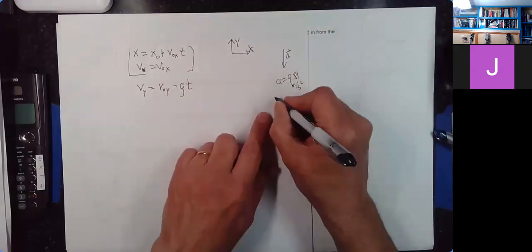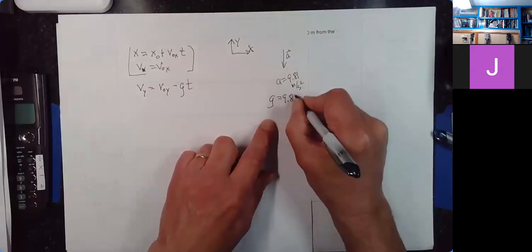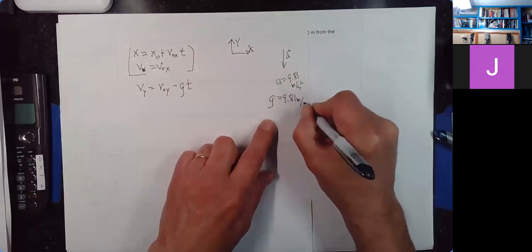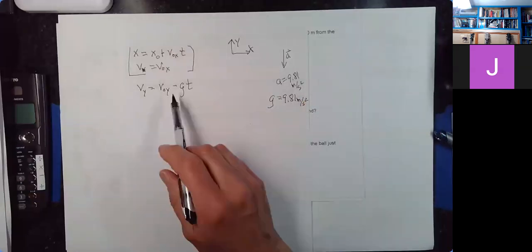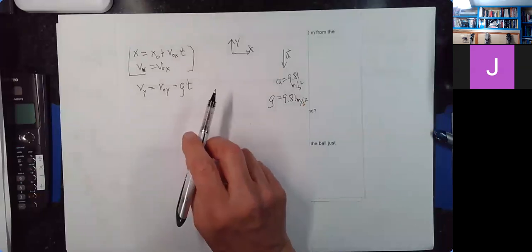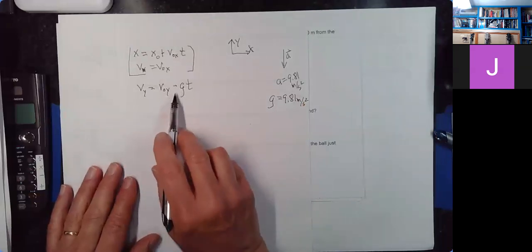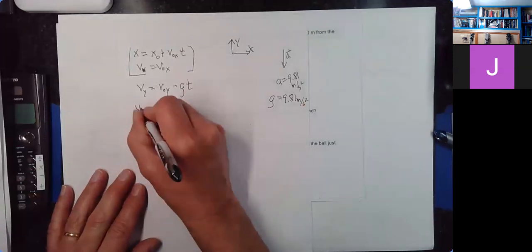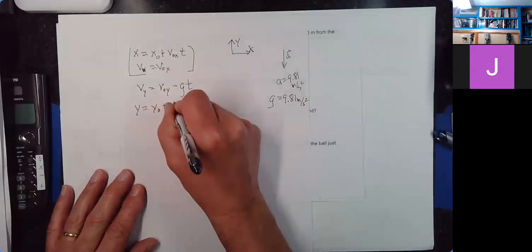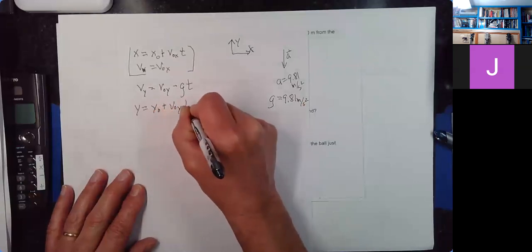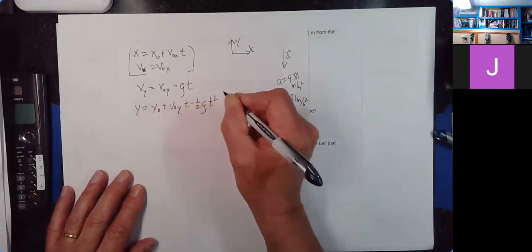Little g stands for 9.81 meters per second squared. If acceleration is downward and that's the negative direction, then we put a minus sign on there. We can also have y equal to y naught plus v naught y t minus 1/2 g t squared.